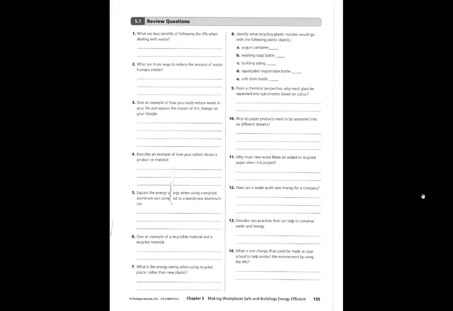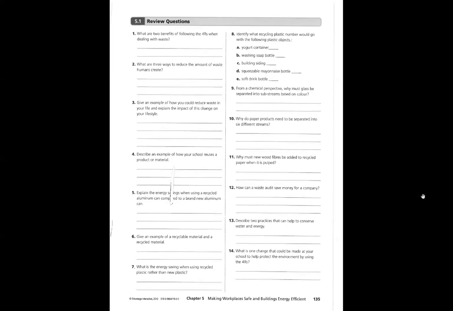Question number 13. Describe 2 practices that can help to conserve water and energy. We've talked a lot about water and energy, not only in the last 2 nights on lesson 16, but also back in lesson 14, where we talked about conserving energy.